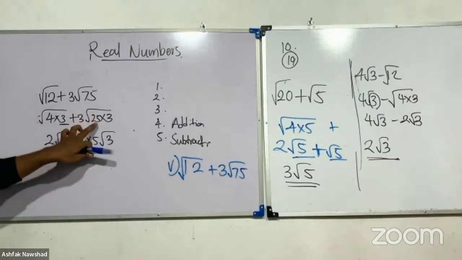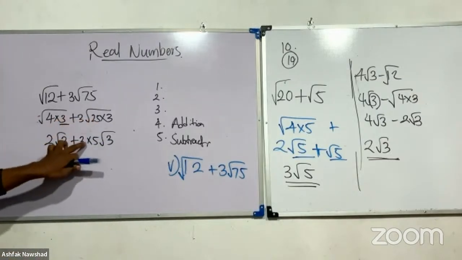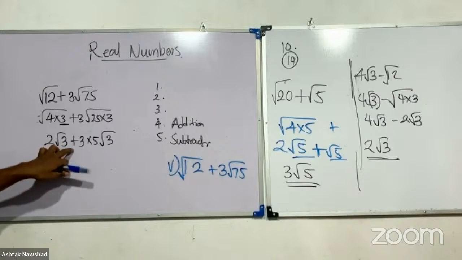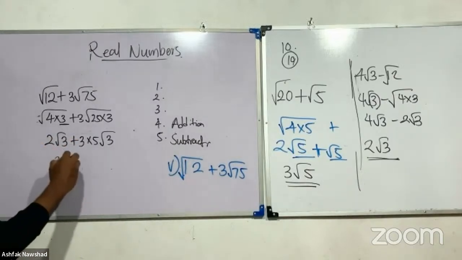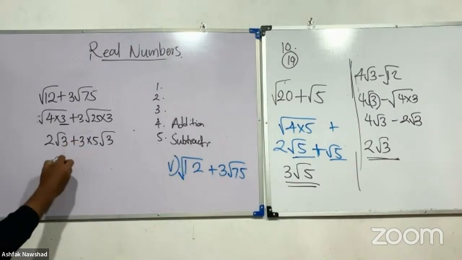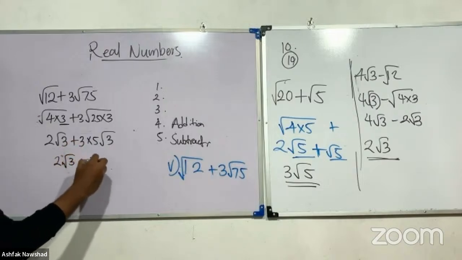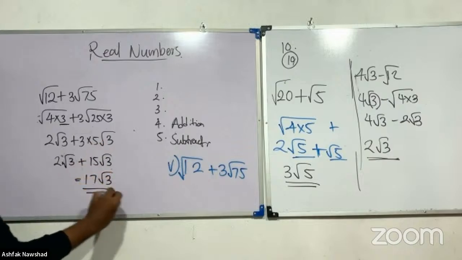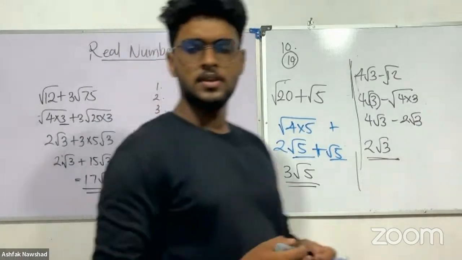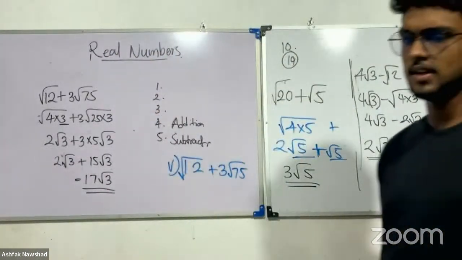So when a number goes outside, it gets multiplied by the existing number. Here's 2 root 3 plus 15 root 3, which is 17 root 3. Is it clear?